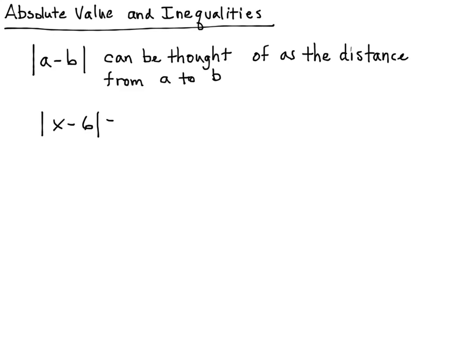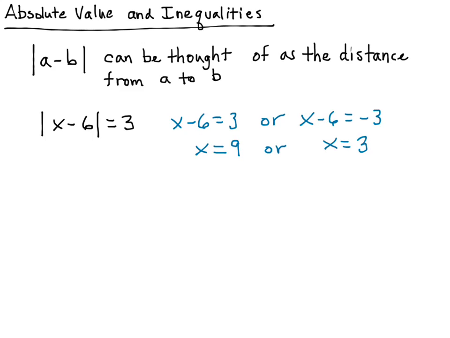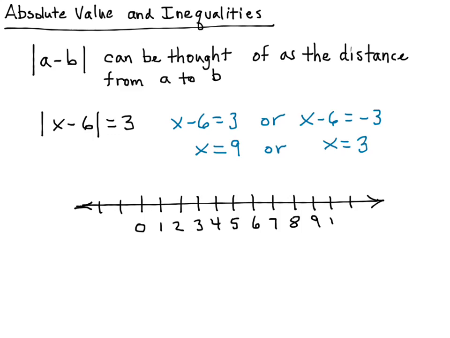So when we're dealing with inequalities, we want to look at this in the context of distance. But let's revisit the equality thing first. Here's one of the simple ones that we started out with. If I put this on a number line, what I'm going to have is my two solutions, 3 and 9, are 3 away from 6.